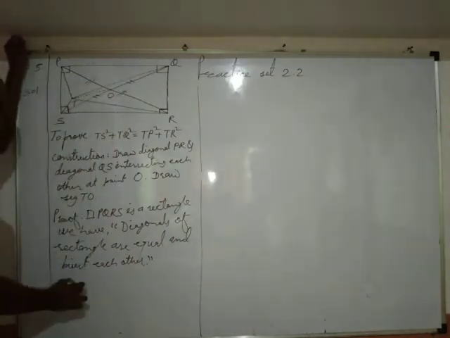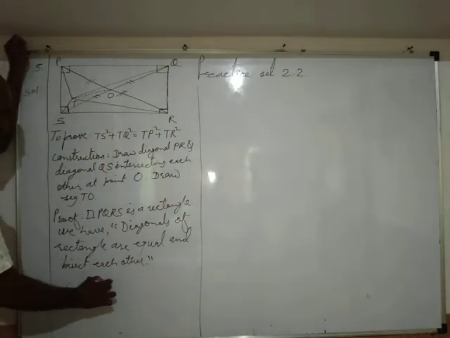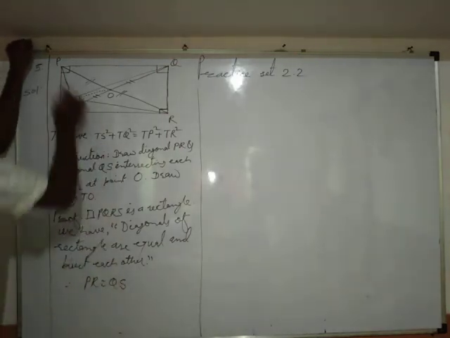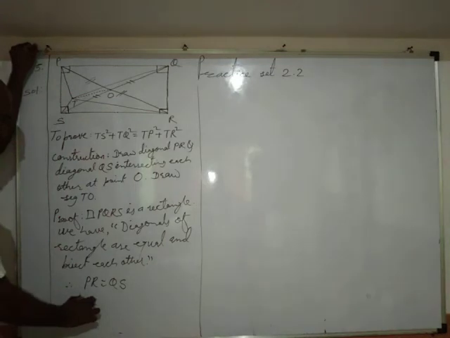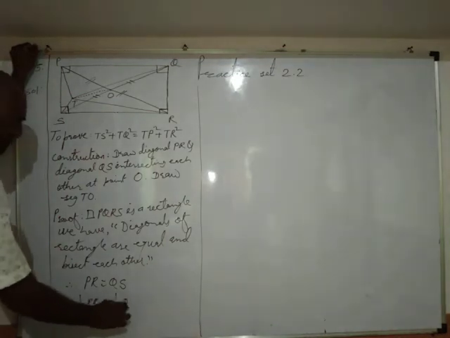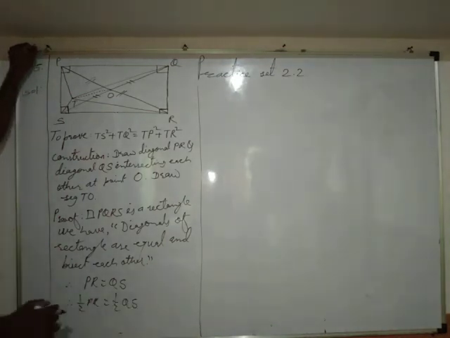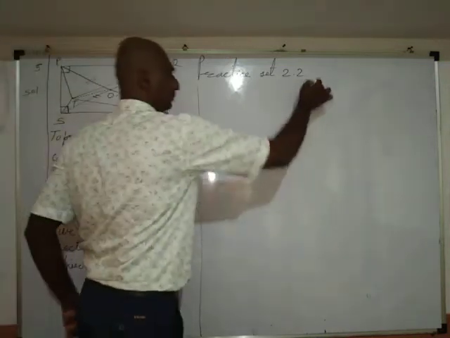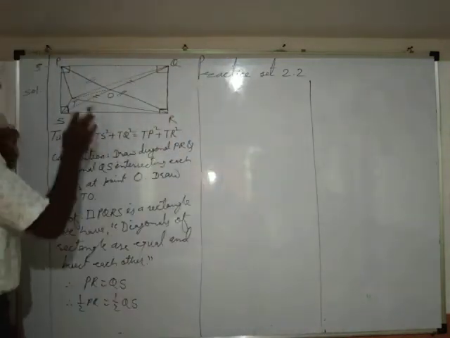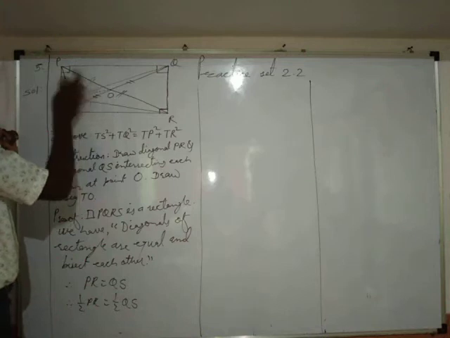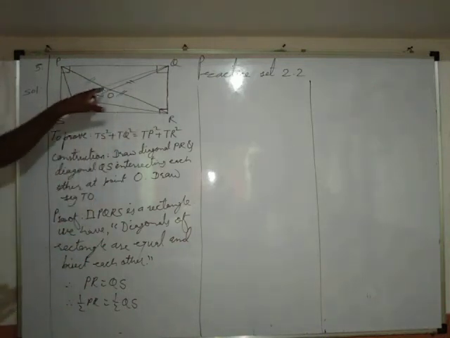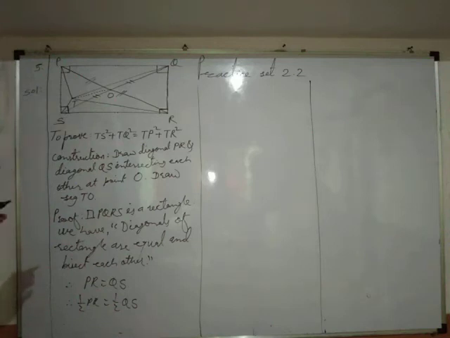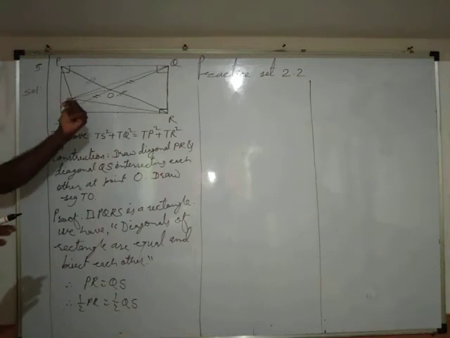PR equals QS, and therefore half of PR equals half of QS. But what is half of PR? PO is half of PR, RO is half of PR, because O is a midpoint. And what is half of QS?